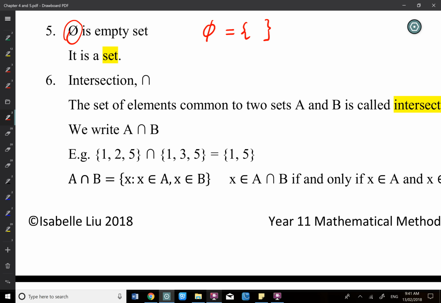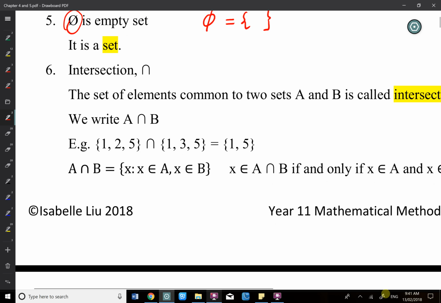This is called an empty set. It's very strange to look at a curly bracket with nothing in it, so we create a new symbol for it. It's called the empty set, like a 0 with a slash through it. This is a set.